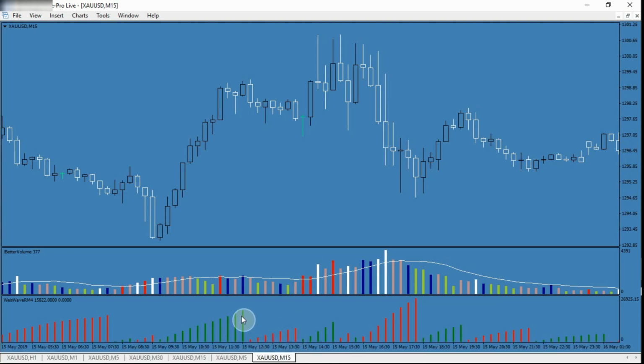There's nothing that makes it stand out and say, hey, look at me. What about when we go back up? We head back up, and this up volume is less, but so is the amount of pips it traveled, so we wouldn't expect too much volume.